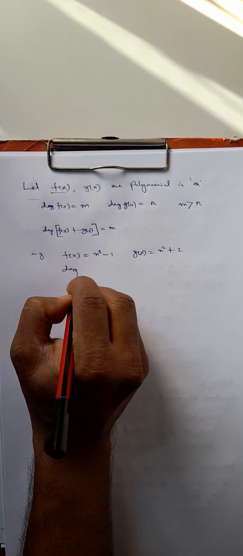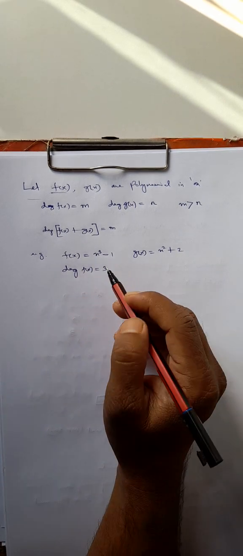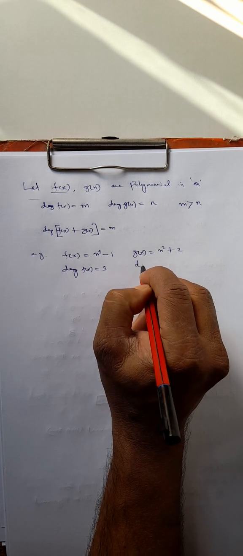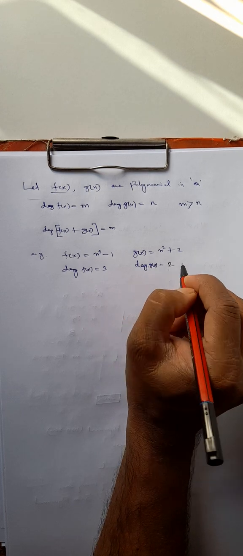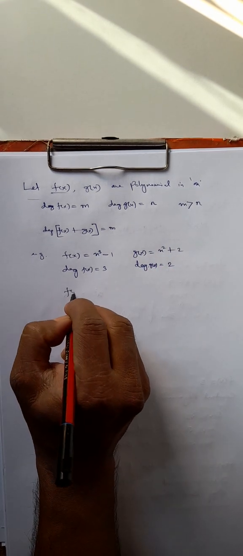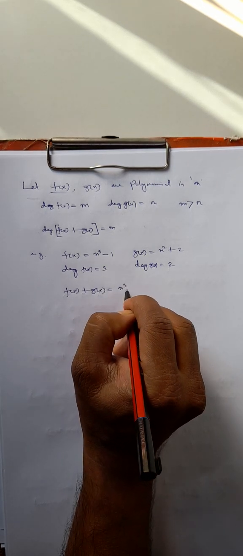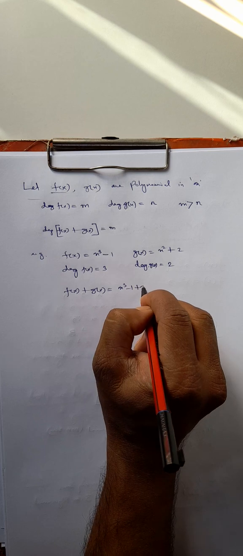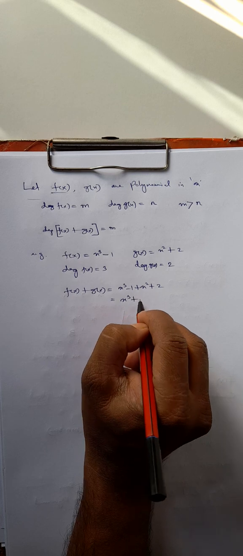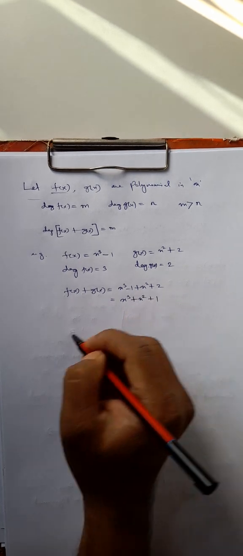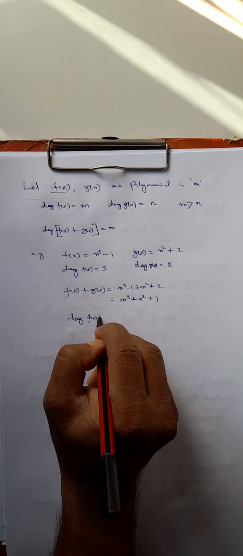Therefore, degree of f(x) = 3, the highest exponent is 3, and degree of g(x) = 2. Now try to find f(x) + g(x). f(x) + g(x) = x^3 - 1 + x^2 + 2. That means x^3 + x^2 + 1. Now what is the degree of f(x) + g(x)?